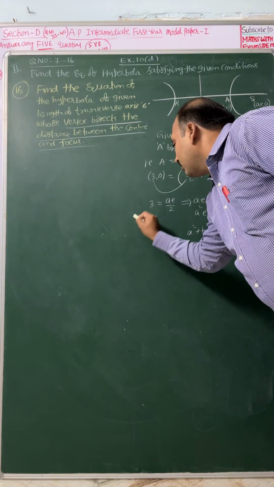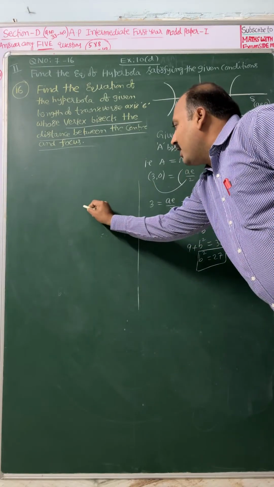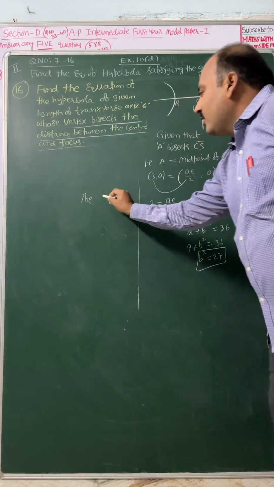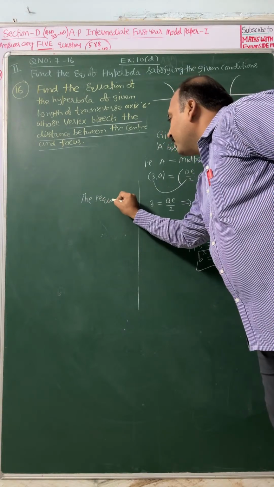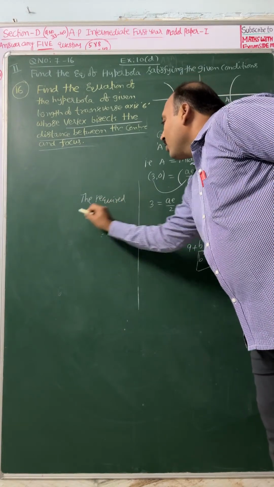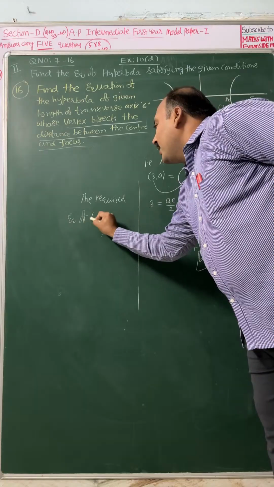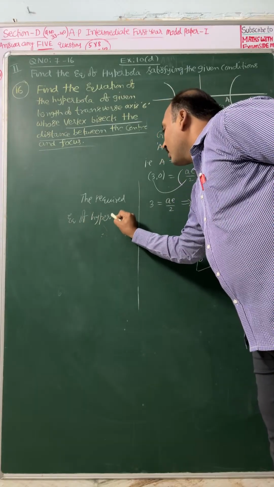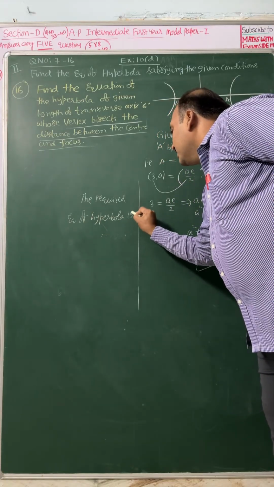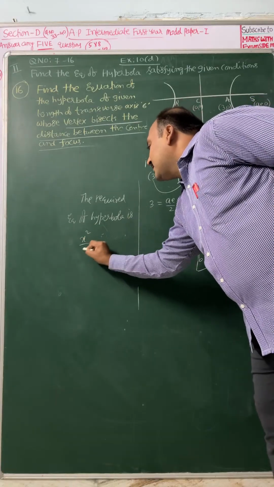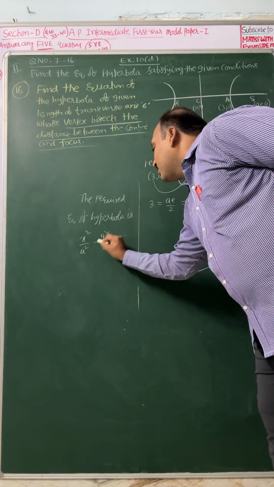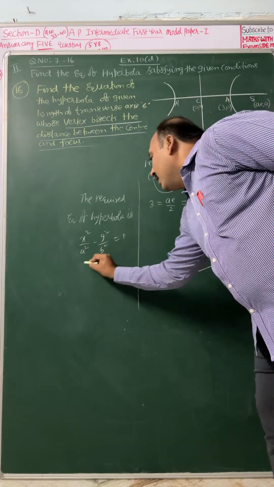So therefore, the required equation of the hyperbola is x²/a² − y²/b² = 1.